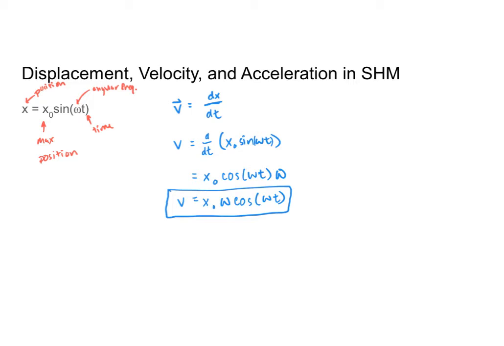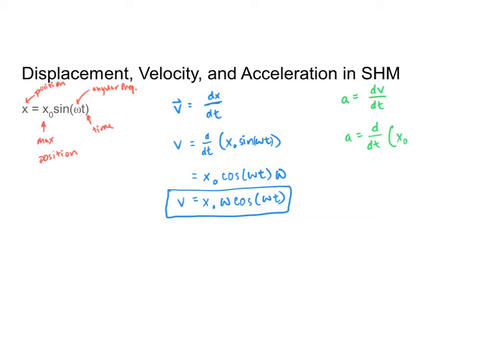My third derivation is going to be finding my acceleration. So I know that just like how velocity is dx by dt, my acceleration is the derivative of my velocity with respect to my time. So I can say that acceleration is equal to the derivative with respect to time of my velocity equation.